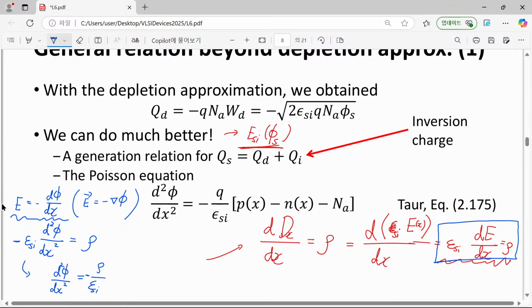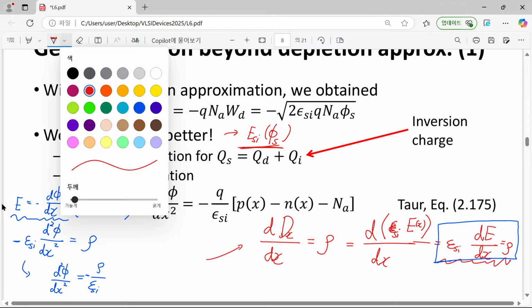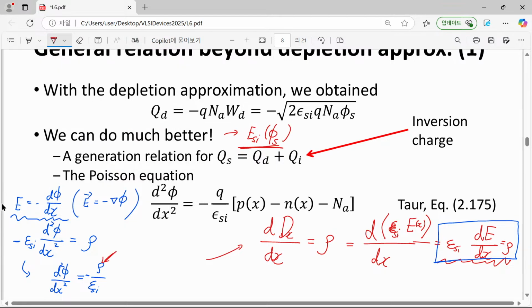Then the next part is, how can we express this net charge density inside the silicon layer? If we are talking about the oxide layer, we can safely say this is 0. However, as I told you before, we have to consider silicon, and in silicon we have many different sources of electric charge.